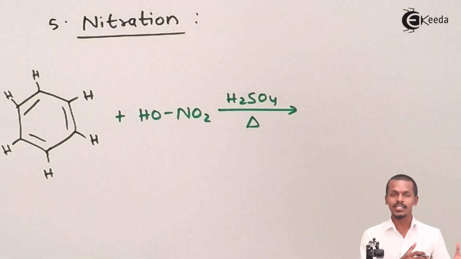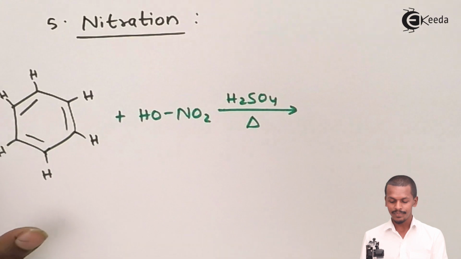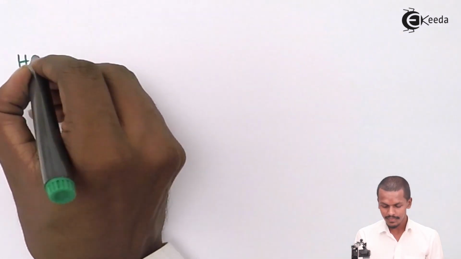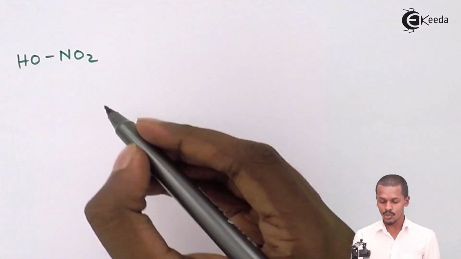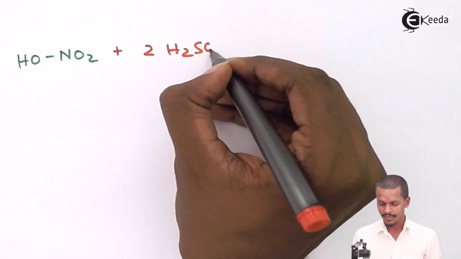But let me show you the mechanism, how this reaction actually works. For that I'm keeping this aside, so we will recall it later on. Meanwhile, if I write nitric acid in this form, HNO3, and I am representing the H2SO4 involved here, I will use 2 moles of H2SO4.